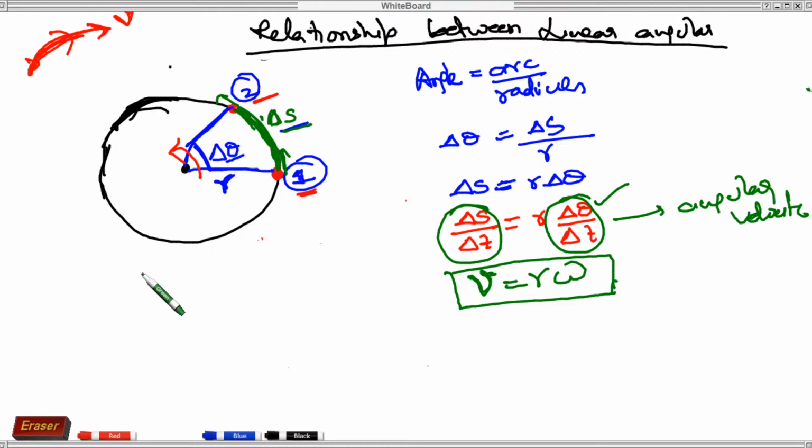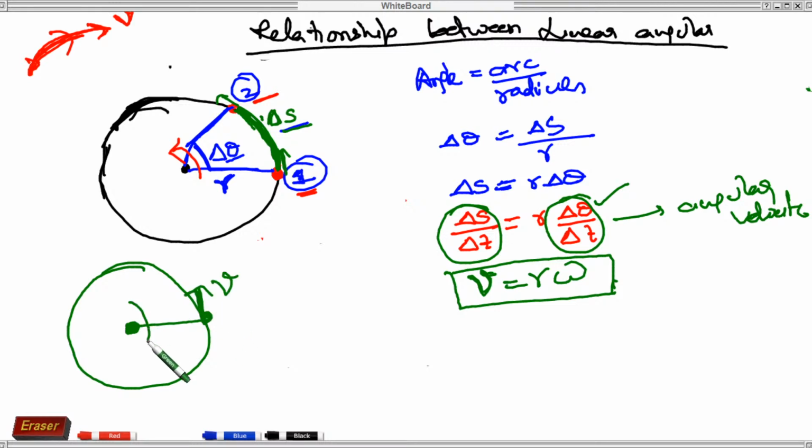This is a circular path, and suppose a particle is moving with velocity v, and in that case its angular velocity is omega. At each point here, its velocity is v and its angular velocity is omega.